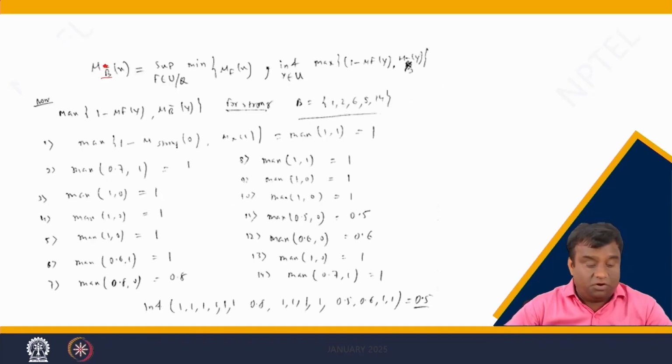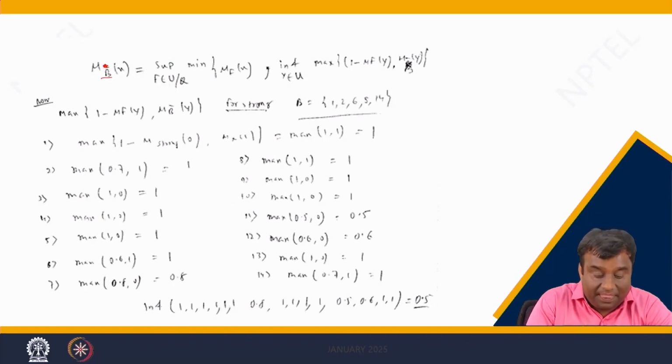You know the formula: first we need to calculate the lower approximation, which is mu B lower approximation of x equal to the supremum over F belonging to U by Q, of the minimum of mu F of x and the infimum over y belonging to U of the maximum of 1 minus mu B of y and mu F of y.